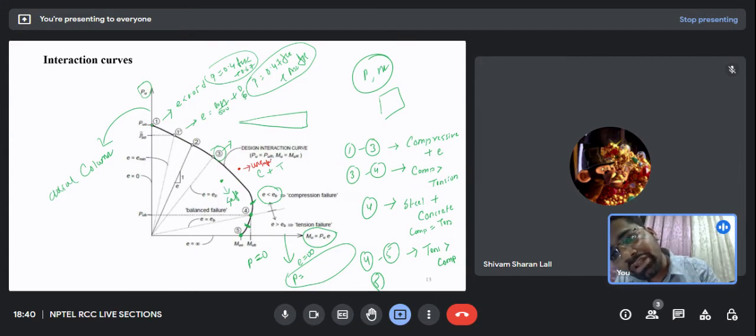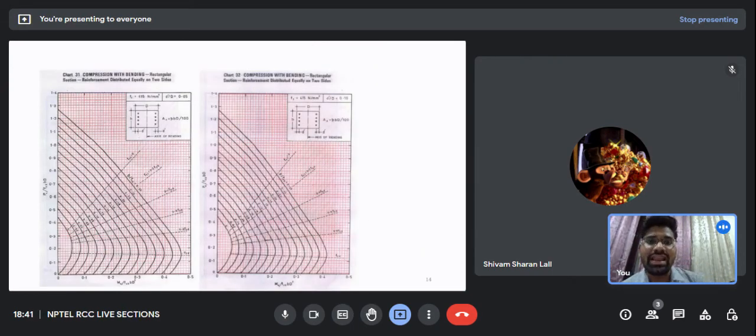Whatever points of P and M we have on this red line are the ultimate points. Beyond those points my structure will fail, below those points it is fine. So this was about the analysis part.